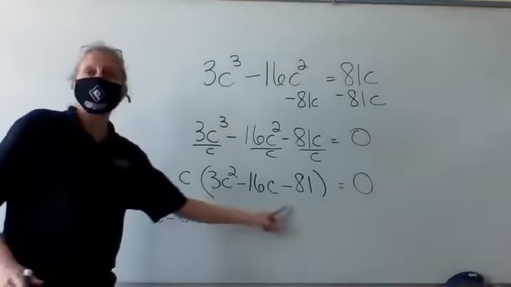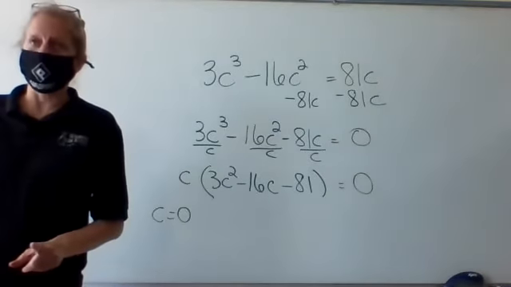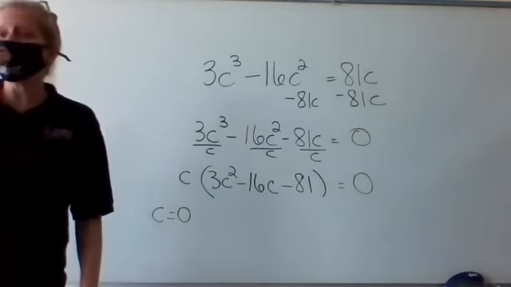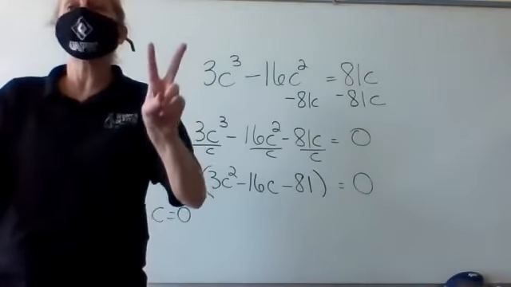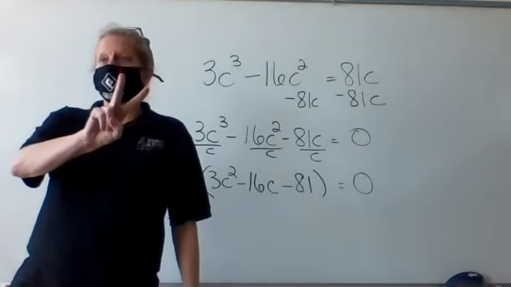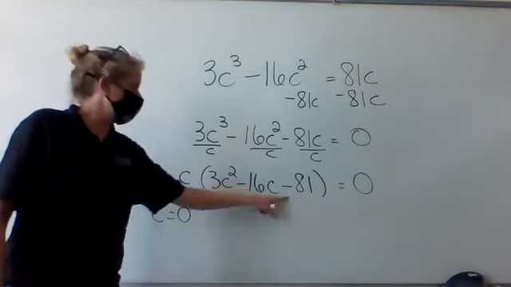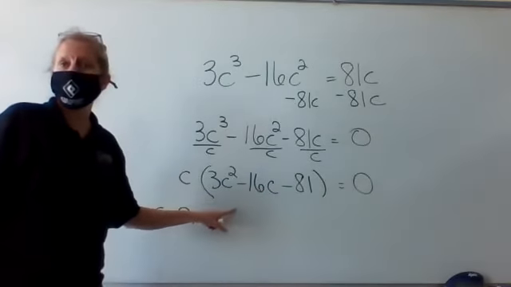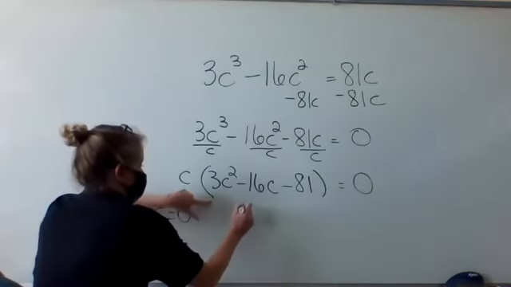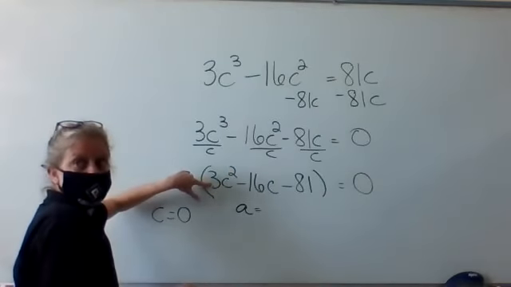Look how I can find my other two now. What's inside here is quad. It is squared. So now you can use your quad program. How many answers does a quad program find? 2. So it's going to have 3 solutions: this one, then the other 2 from putting this in my quad program. So what is A? What's in front of c squared? 3.